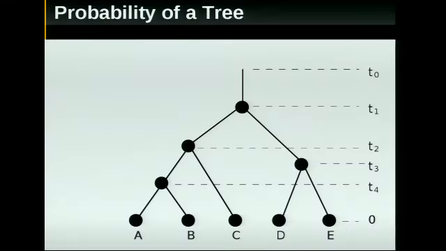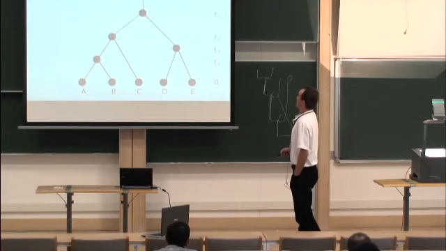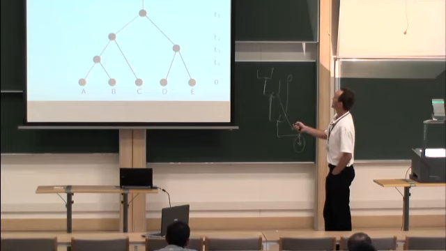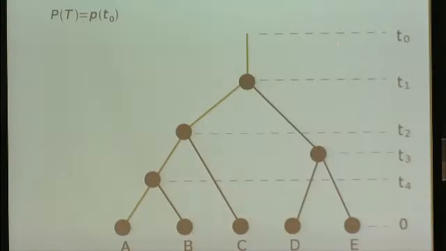Now, using that lineage survival probability, I can calculate the probability of a complete tree. And it's a little bit similar to a likelihood calculation. So first I can say, what is the probability that my original lineage that existed survives for time t0? These speciation times are going backwards in time. So I'm assuming that currently we're at time 0, and then we're going back in time up to some time where my original species existed.